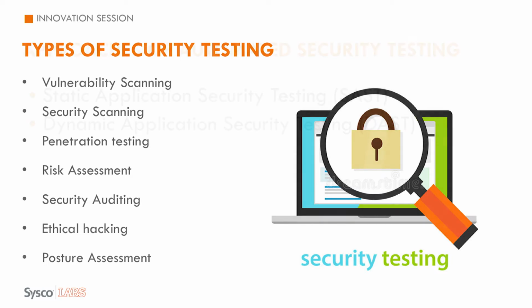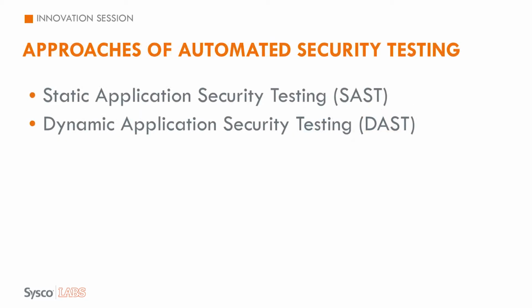posture assessment as well. Now, as I mentioned, Zap is a dynamic application security testing tool, whereas there are other tools available in the market, which are not open source, that are static application testing tools.